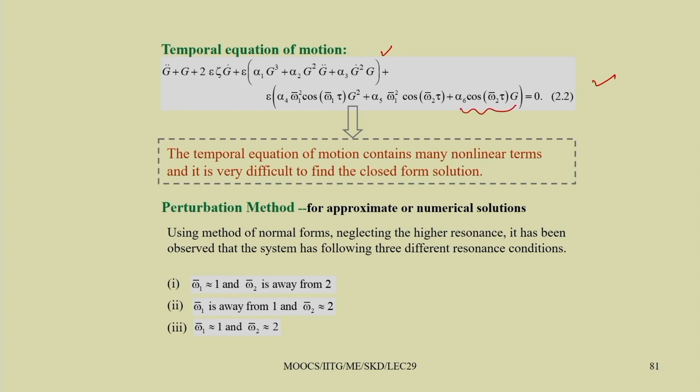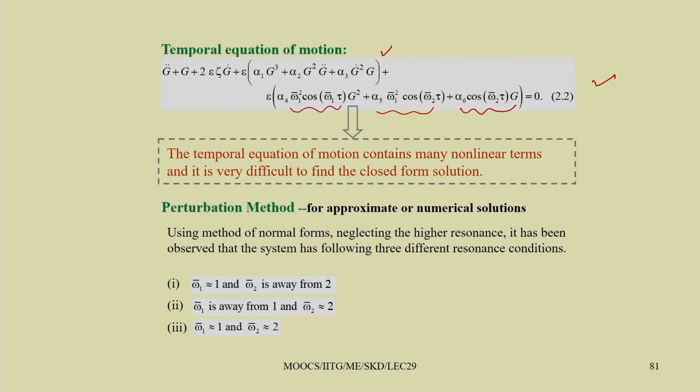Here it is the coefficient of g square, and this term is the simple external or direct excitation. This temporal equation of motion contains many nonlinear terms, so we cannot have a closed form solution here.